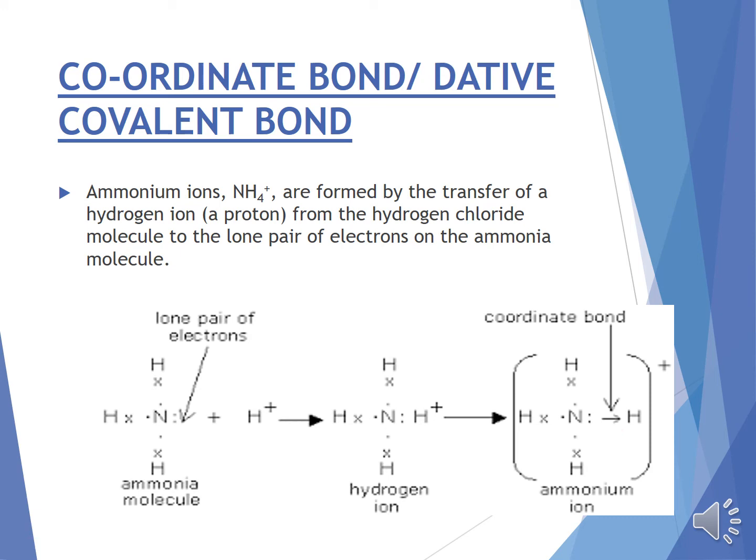In an exam, they will ask you which among the following is an example of a dative covalent bond compound. Answer is ammonium ion. Ammonia is an example of a covalent compound. Ammonium ion is an example of a coordinate bond or dative covalent bond.